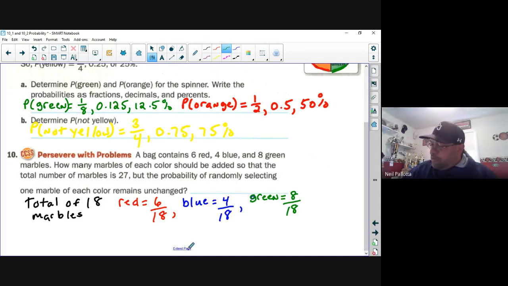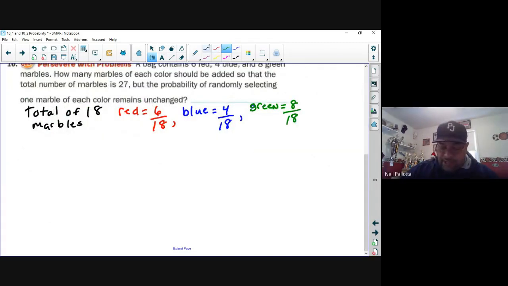Well, we've got to make some equivalent fractions here, guys. It would start something like this. We want the total number of marbles to be 27. We know 18 plus 9 gives us 27. Well, how many red out of 9 is the same as 6 out of 18? 18 divided by 2 is 9, so 6 divided by 2 is 3.